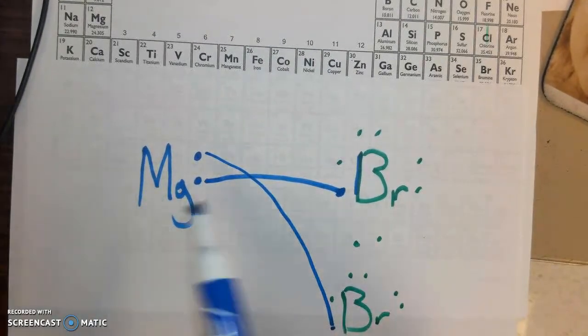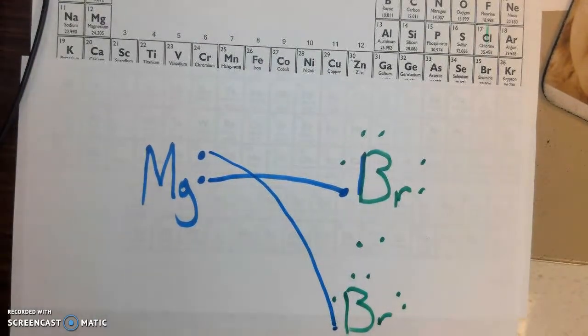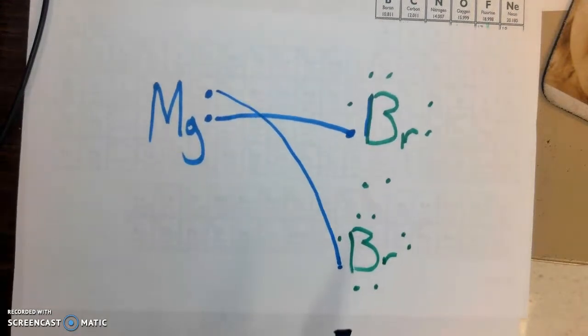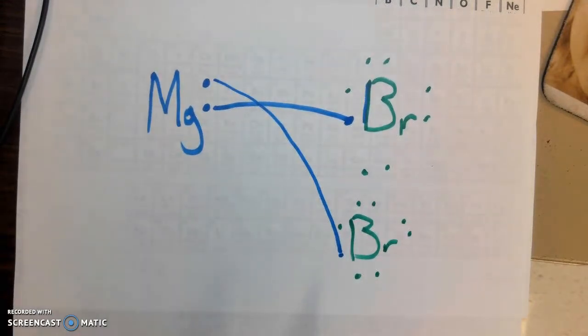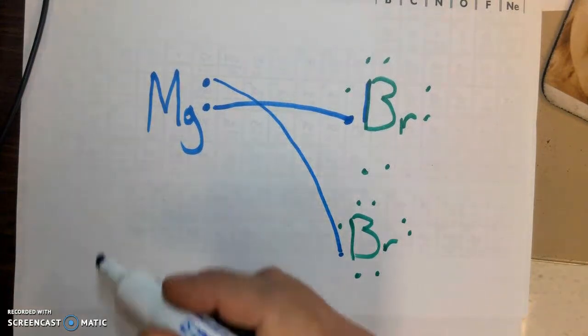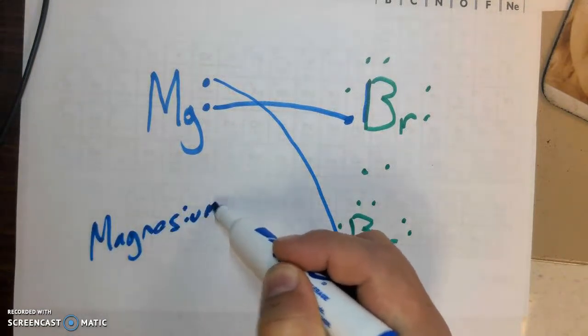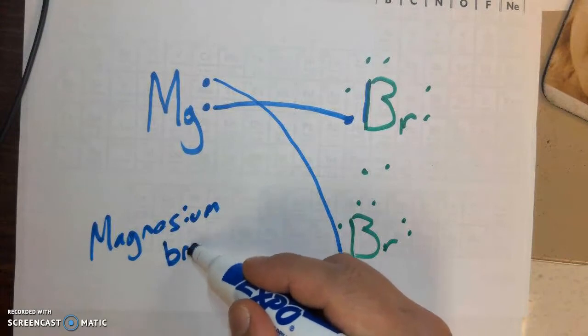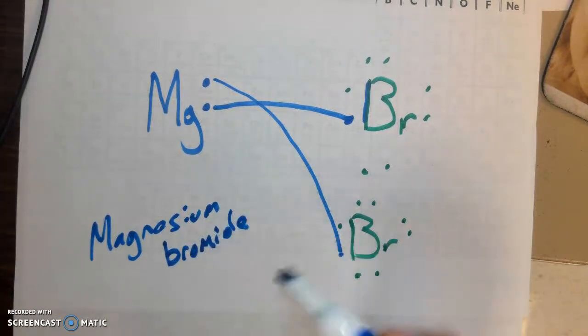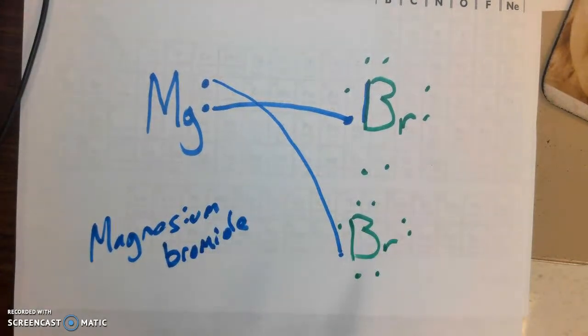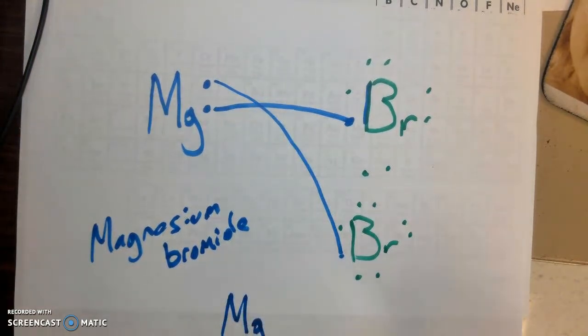The outermost shell of each is 8. So how would you write that down? 2 bromines and 1 magnesium. Where would you put the subscript to make magnesium bromide? That's a weird ionic bond. You would write it with Mg and Br2.